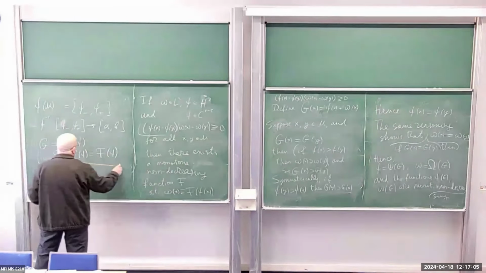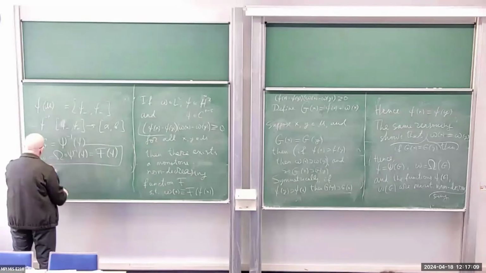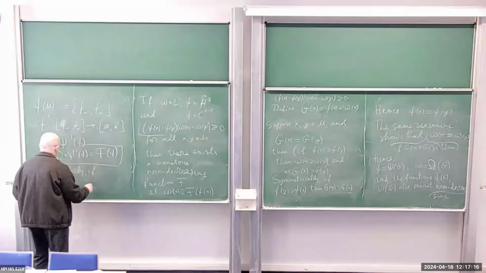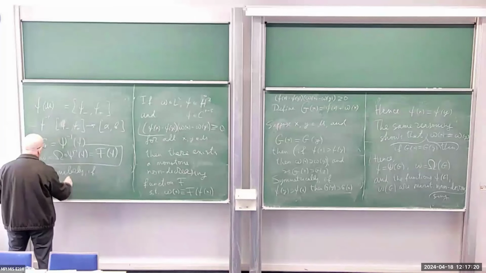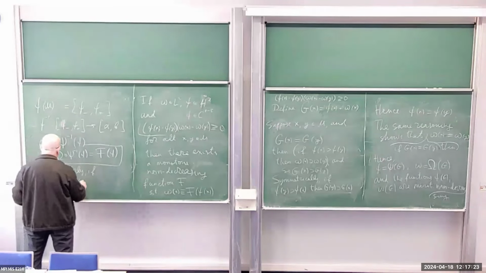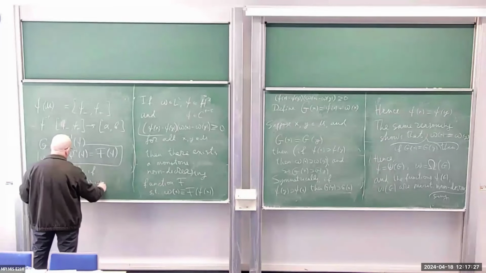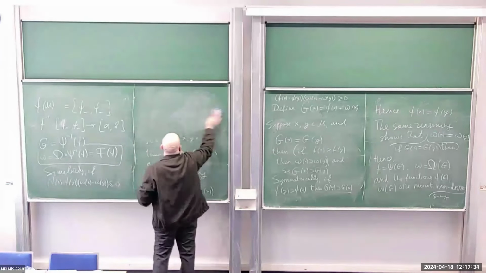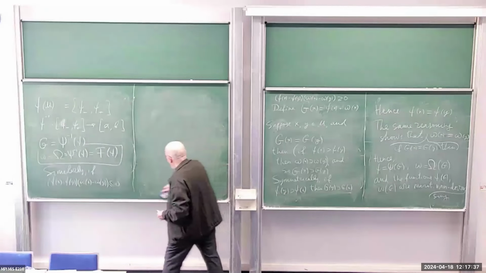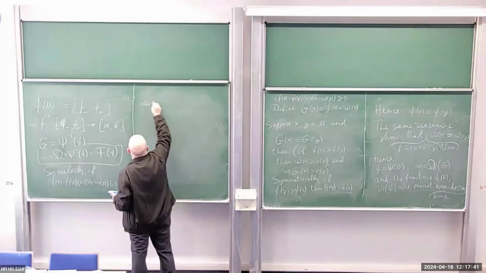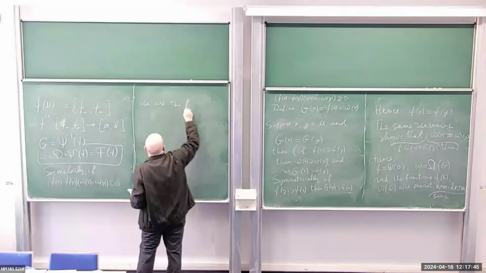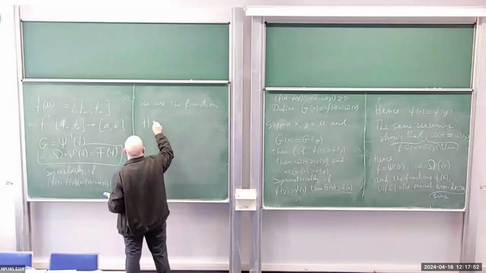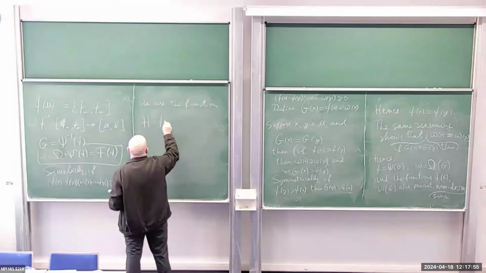Similarly, if psi x minus psi y times omega x minus omega y is less or equal than 0, then we use the function h equals psi minus omega.